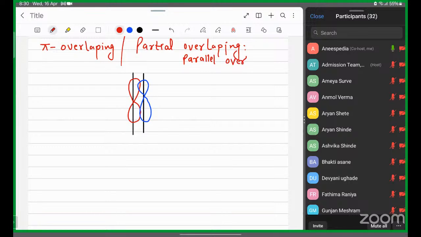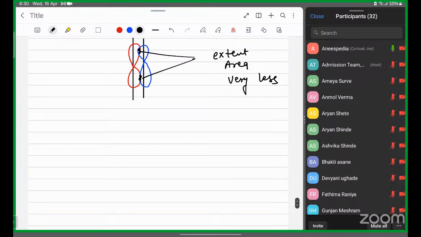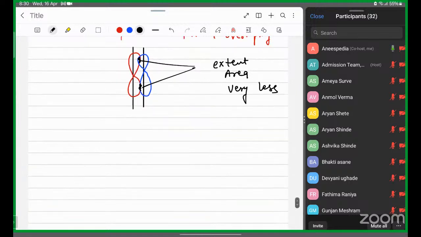In this overlapping, the extent of area is very less, due to which the bond will be weak. And in this type of overlapping, a pi bond is formed.